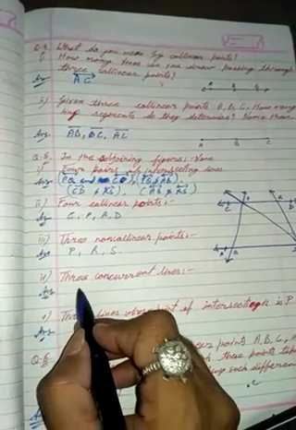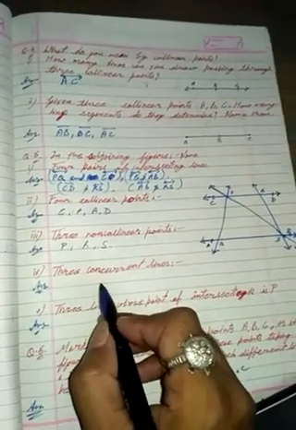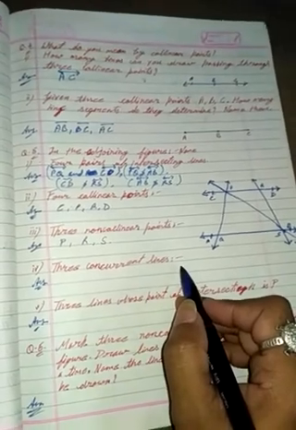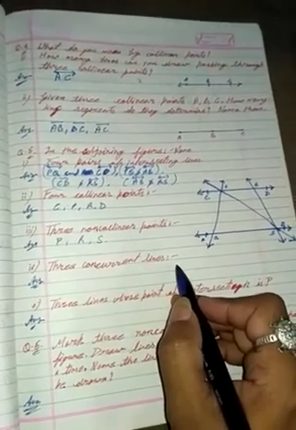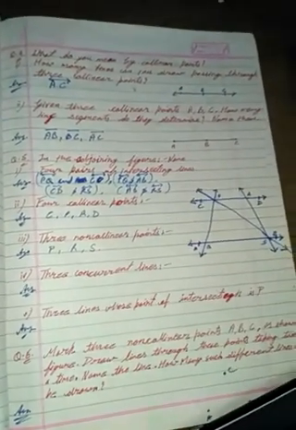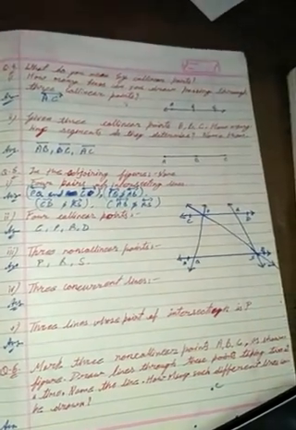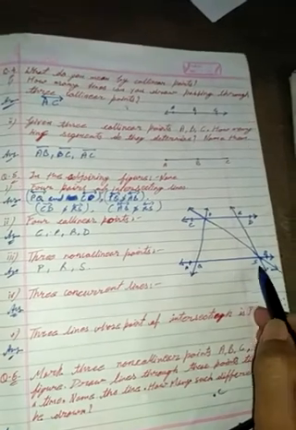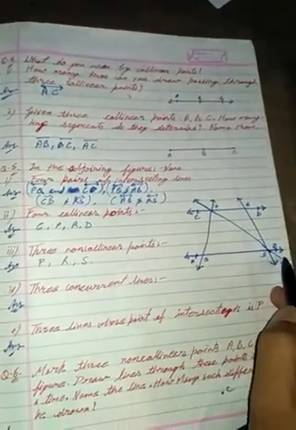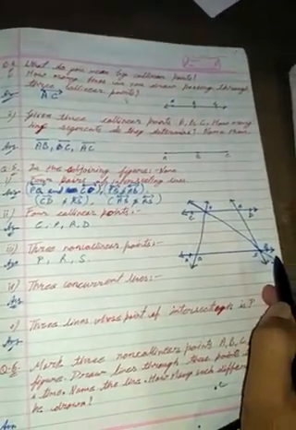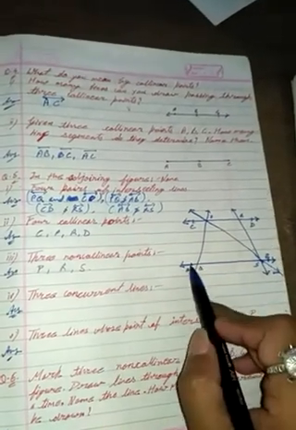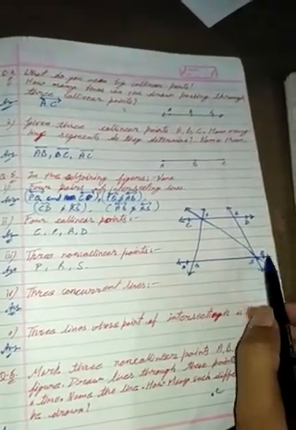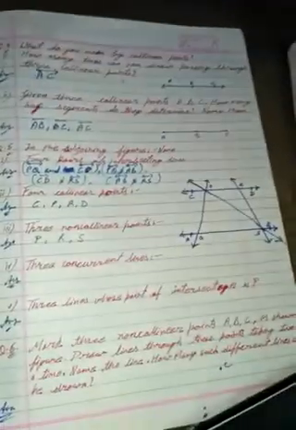Now next, three concurrent lines. Concurrent lines are lines passing through a single point. Now we take a point S. Now PS is passing through this point, AB, and next is RS.